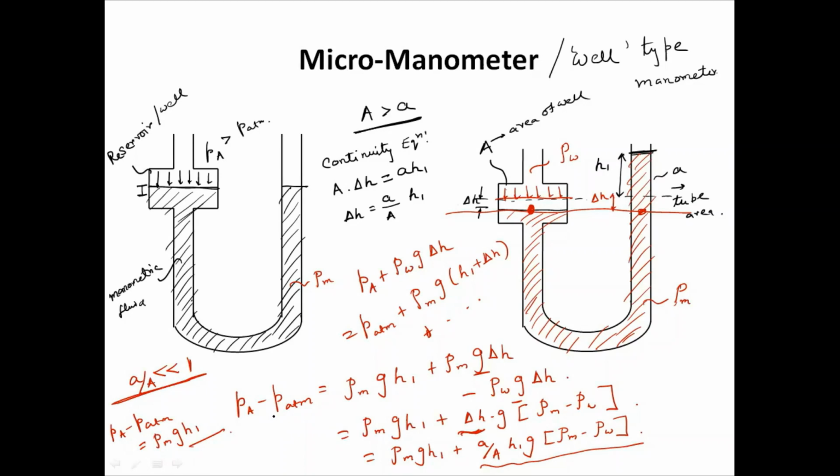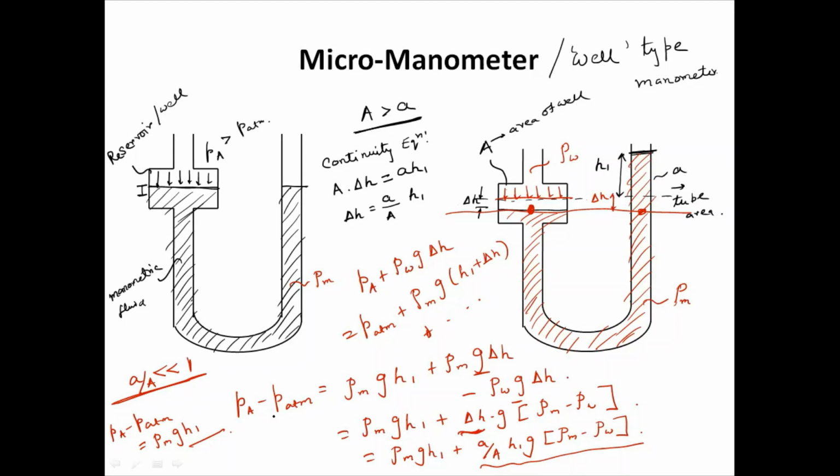So this is the micro-manometer concept: how much depression is happening in the well or reservoir, and on the other limb there is a small tube. Why do we use this concept of micro-manometer?